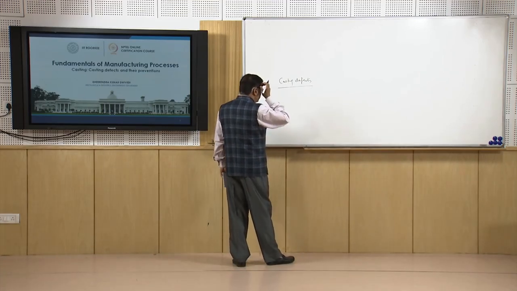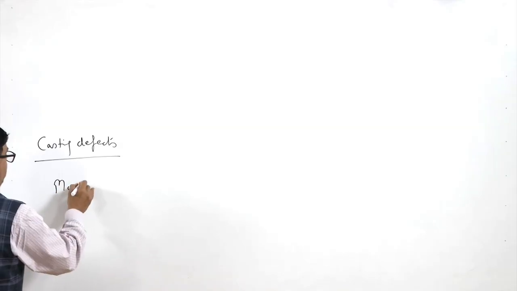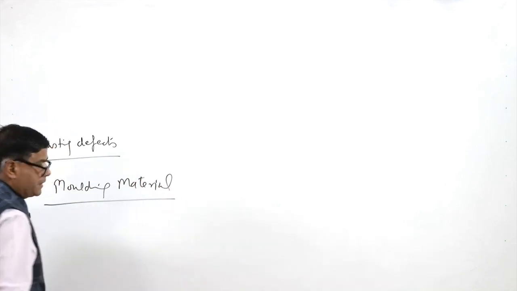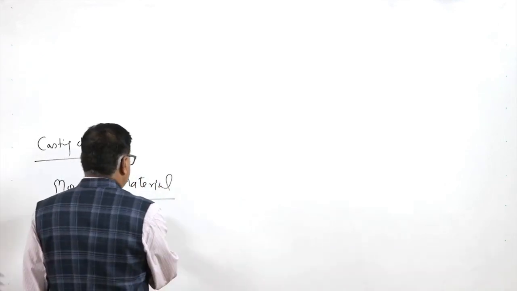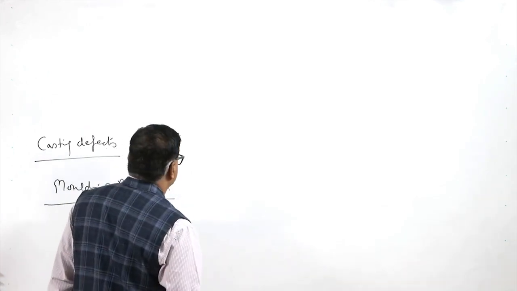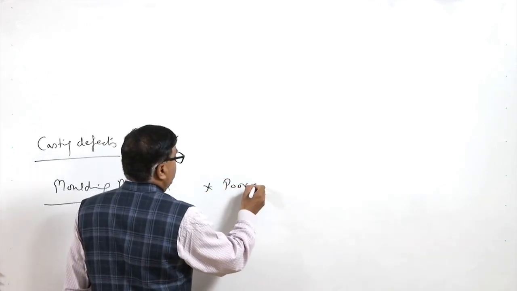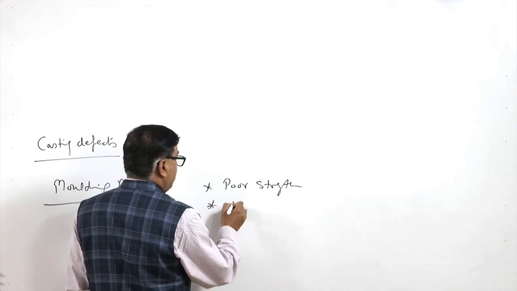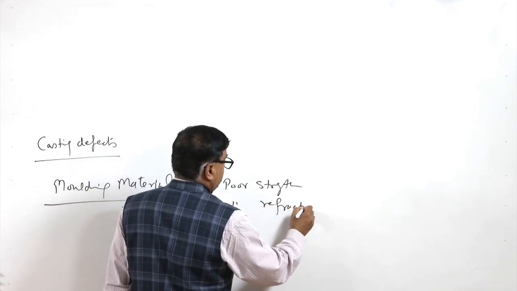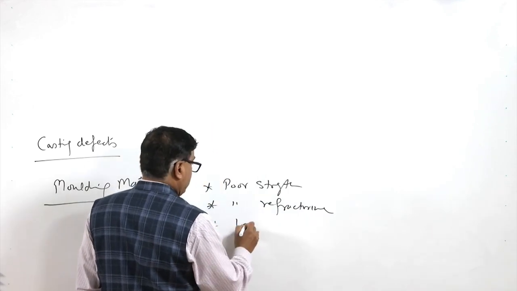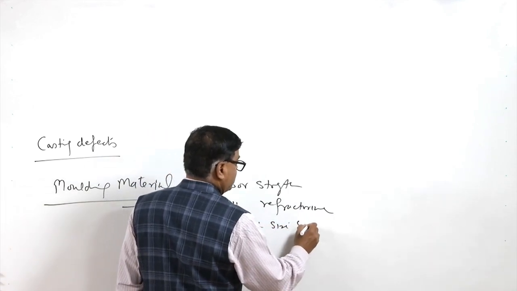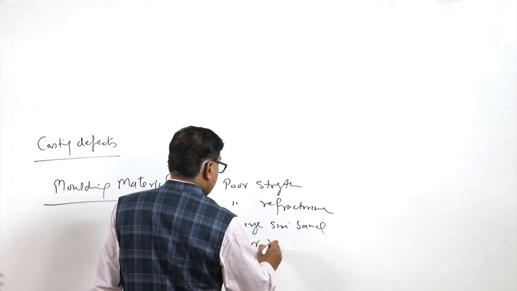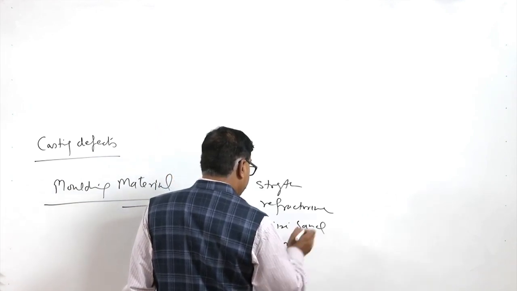Then the third category is the poor molding material properties. So, the molding material properties means sand molding material properties which lead to the presence of defects in the casting, mainly the poor strength of the molding sand, sand with poor refractoriness, or very large size sand, and poor ramming, either excessive or limited.